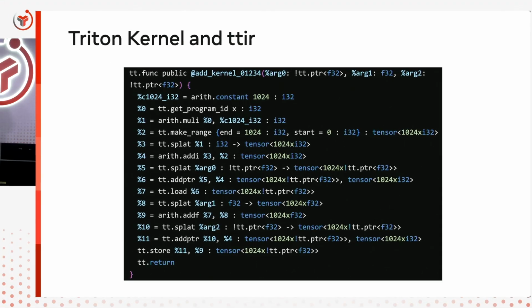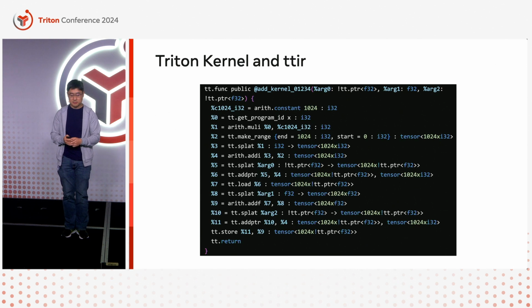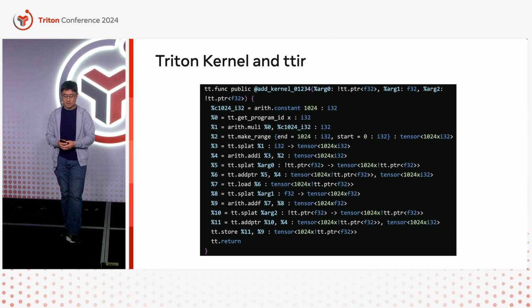And we add the result of this splat with the result of the make range to produce %4. You can see this pattern repeats itself in calculating the actual tensor of pointers. So we are splatting arg0, or x pointer, to create another 1024 tensor of pointers, and we're using tt.addptr to actually calculate the per element address.